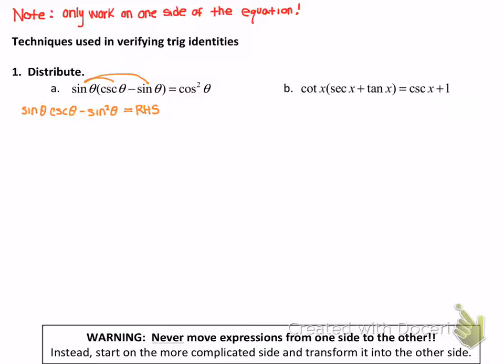Okay, so we need to first recognize that we can simplify sine times cosecant because we have a reciprocal. So we can rewrite this as sine of theta times 1 over sine of theta. We want to do that because you notice they cancel each other out.